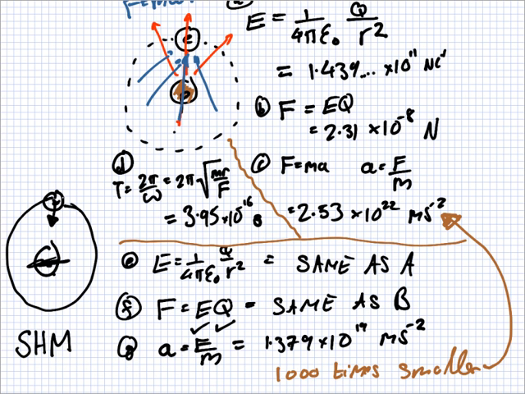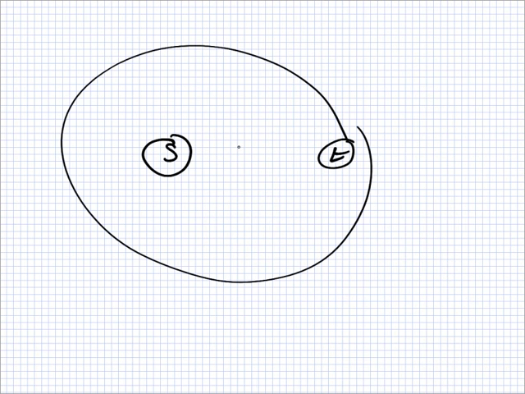You see something like this as well with planets. This is what you were thinking of, perhaps? The Earth going around the Sun. We picture the Sun as being fixed, but actually the Sun is also moving in a little orbit. Here's the Sun, and here's the Earth, and we picture it going around like this, and this is fixed.